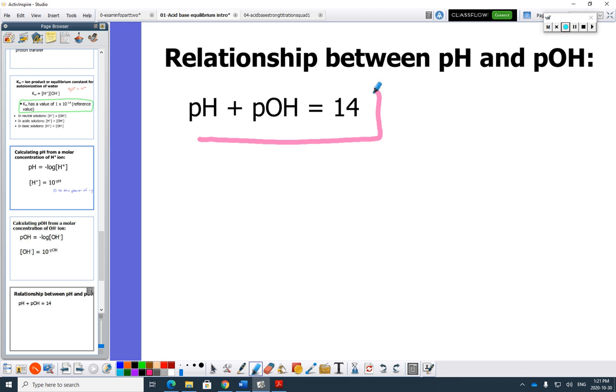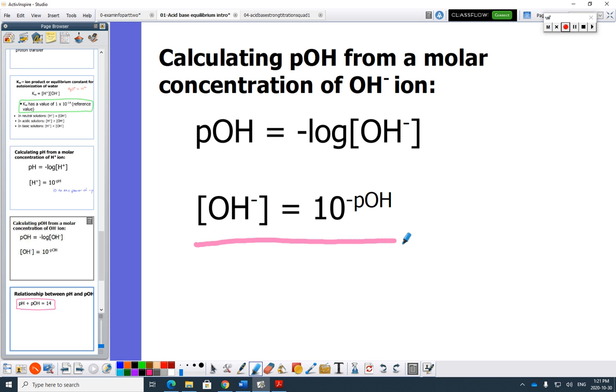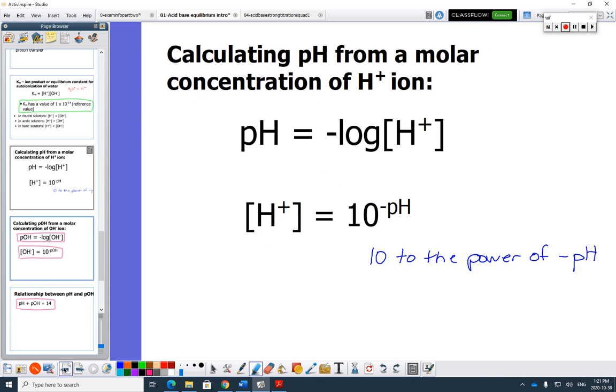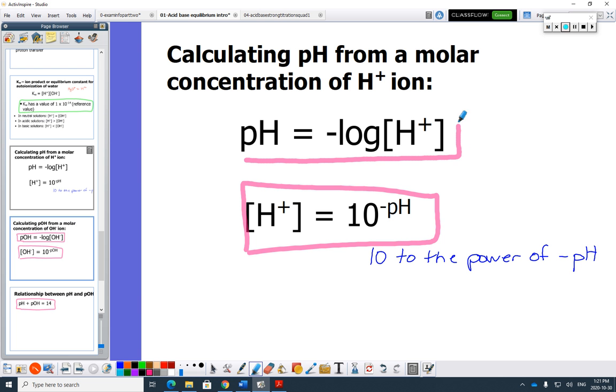So maybe highlight these ones. So these were the equations that were given in that exam info we wrote about before lunch.